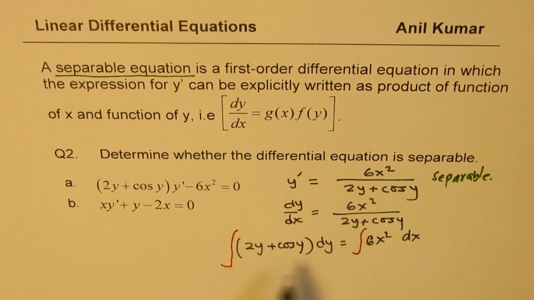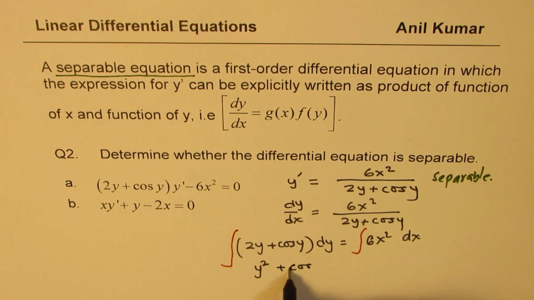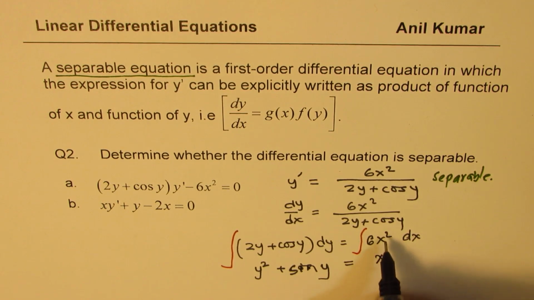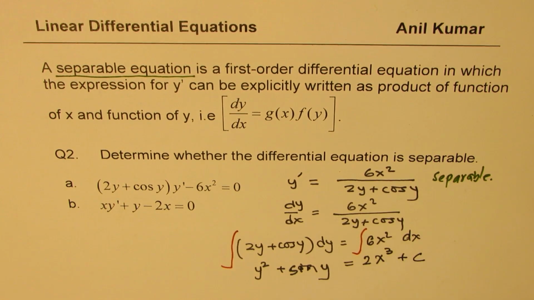So if you integrate, you get 2y squared over 2, which is y squared, plus sine y, and here you get 2x cubed, plus c. That becomes the solution for you. So it could be easily solved. It is a separable equation.